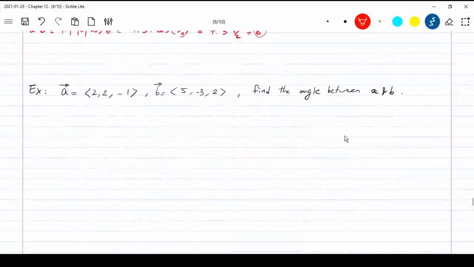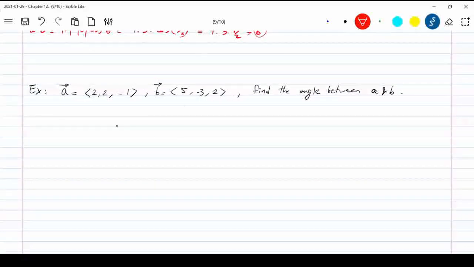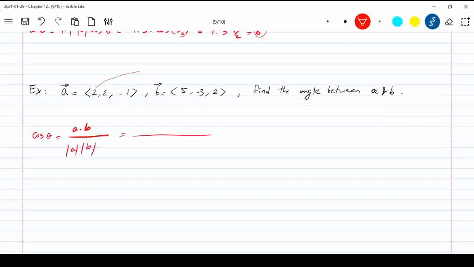Okay, let's look at the next example. You have two vectors, and they ask you to find the angle between those two vectors. Vectors A and B are given. So if you want to find the angle, first I'm going to find cosine of theta. Cosine theta would be A dot B divided by magnitude A magnitude B. But what is A dot B? A dot B is multiplying the components and adding them up.